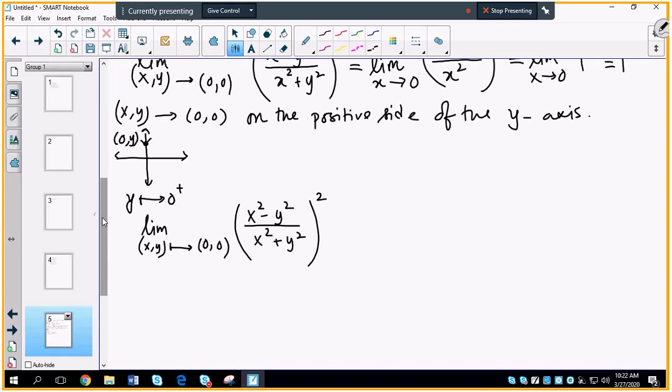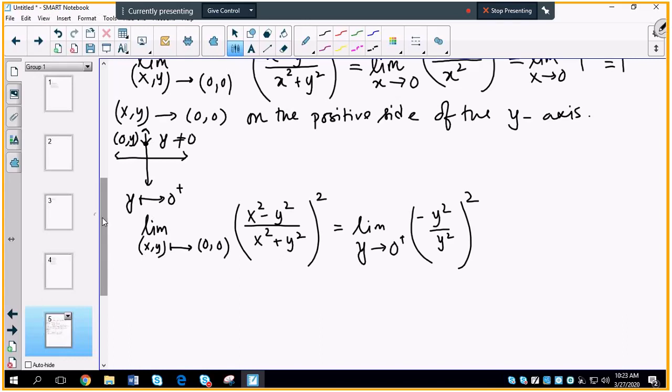This now becomes the limit as y approaches 0 plus, and put x equal to 0. So you get minus y squared over y squared, whole to the power 2. And again, y is not equal to 0, remember, at this point y is not equal to 0, it is approaching 0.